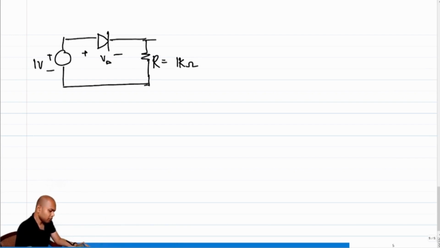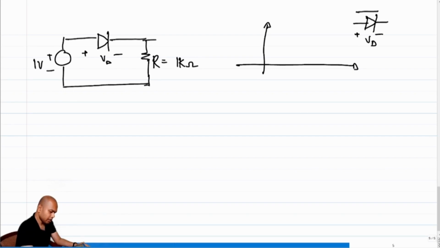What is the current voltage relationship of a diode? If I sketch, if you say this is a diode, the voltage across the diode is Vd, and let's say the current through it is Id, right? What is the typical current voltage relationship of a diode?